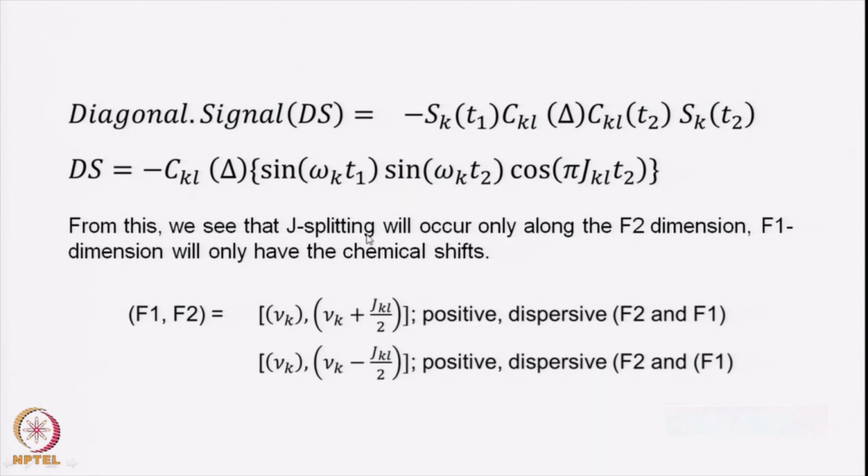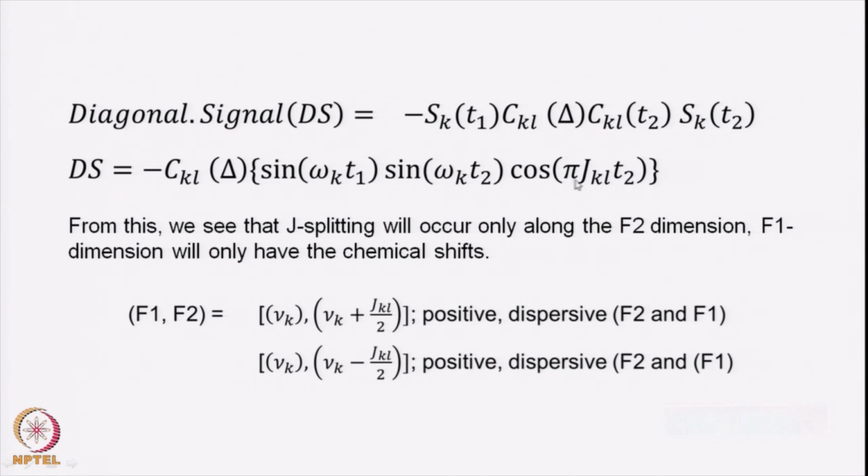From this we see that J splitting will occur only along the F2 dimension, and the F1 dimension will only have the chemical shift. After expanding this as before, I am writing here the final frequency distribution in the 2-dimensional plane. So how many peaks will I get here? Along the F1 dimension I will get a single peak, because this one is sin omega k T1, at the frequency of omega k.